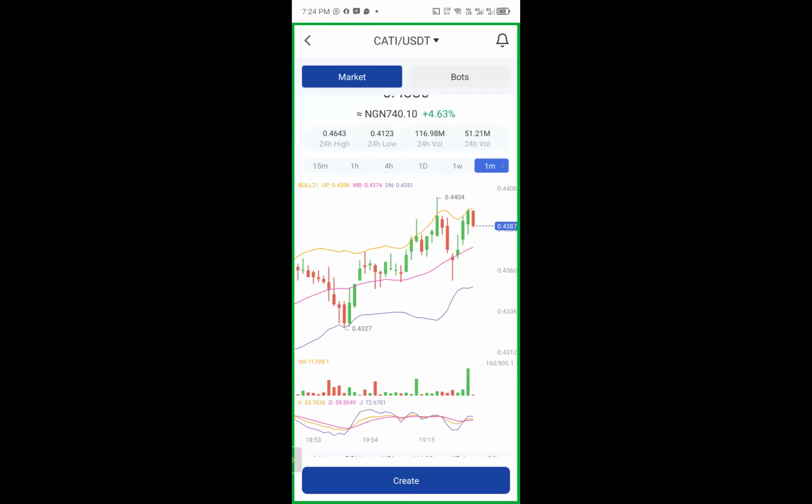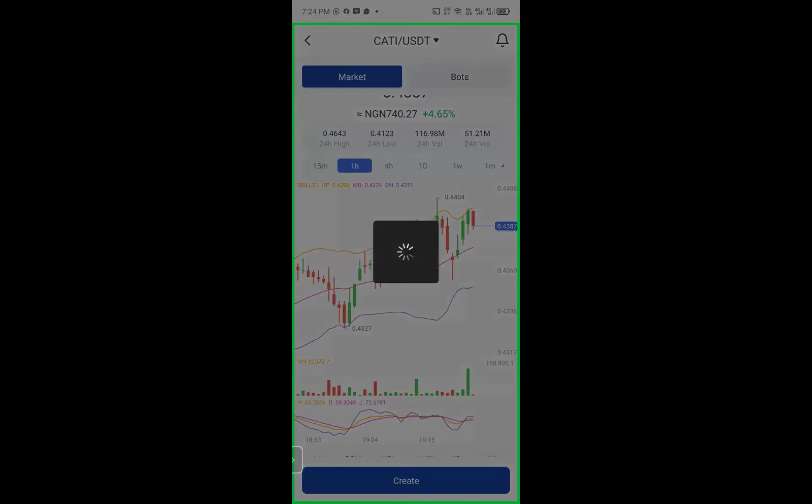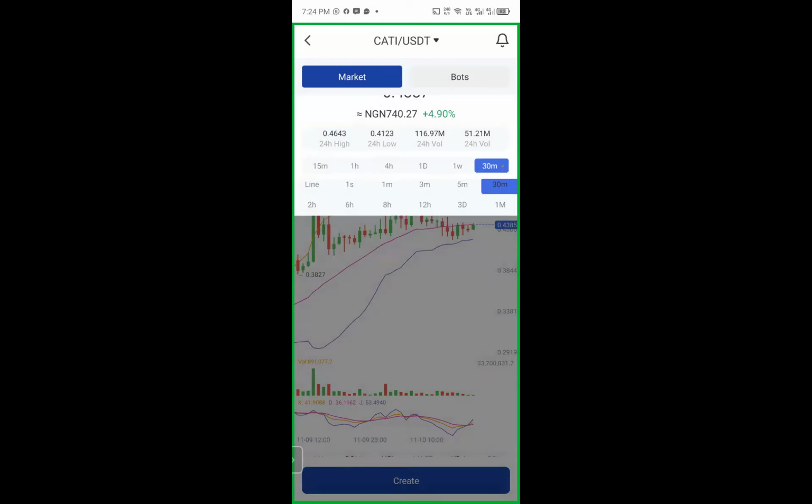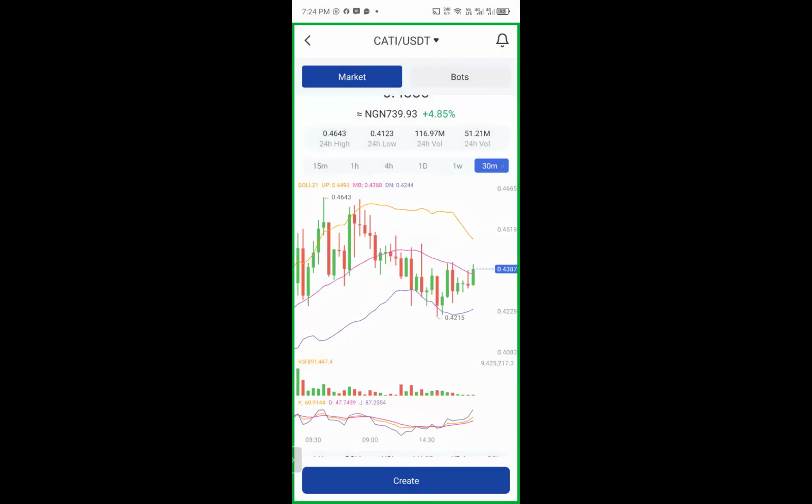But if you don't have your margin call, given that this 1 hour is still pointing up and 30 minutes is still pointing up, don't shake. Let's say it's carrying me maybe somewhere far.